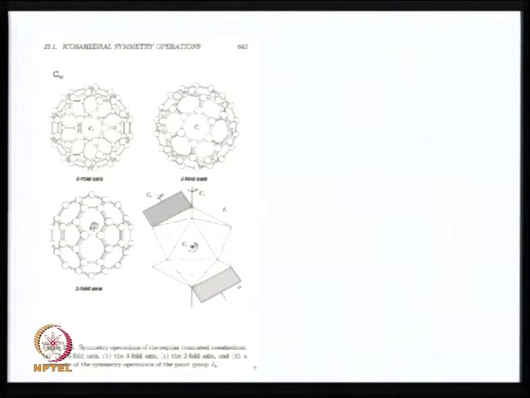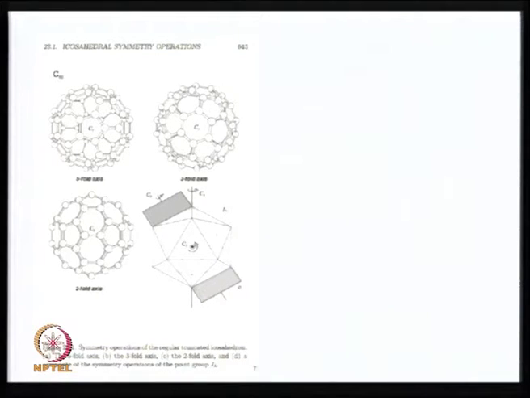This itself is of course not a regular polyhedron, but it can be got by chopping of the vertices of the regular icosahedron. And if you count the total number of vertices, there are 60 vertices on this regular figure. Well, not regular, but this symmetric figure. And amazingly enough, carbon actually forms a structure like this.